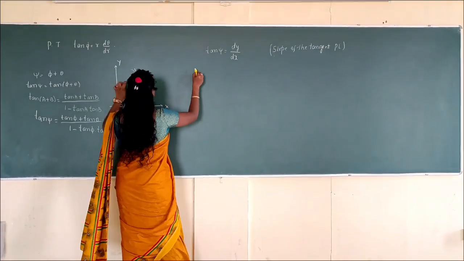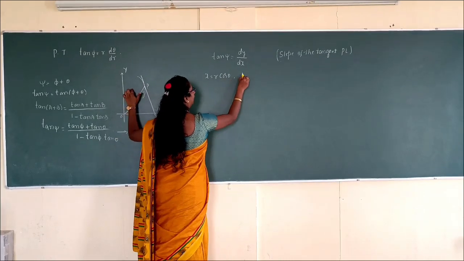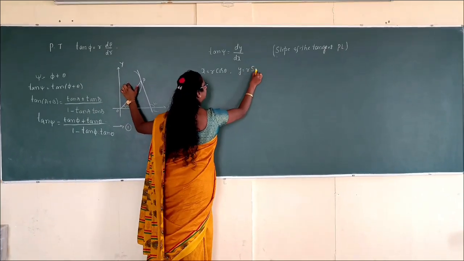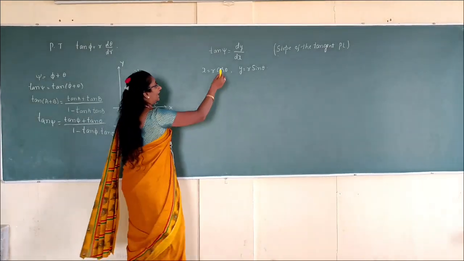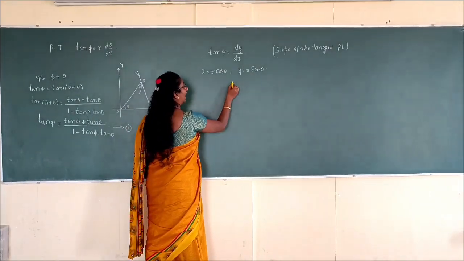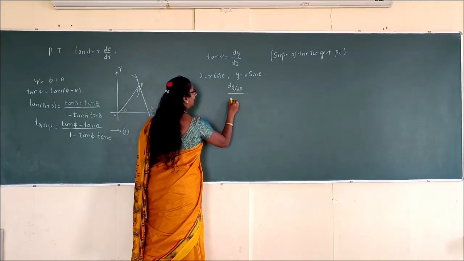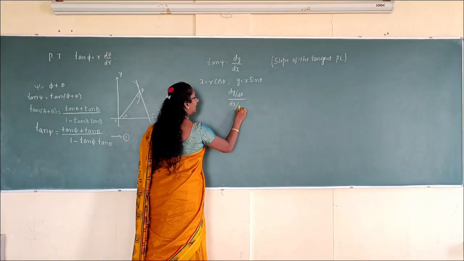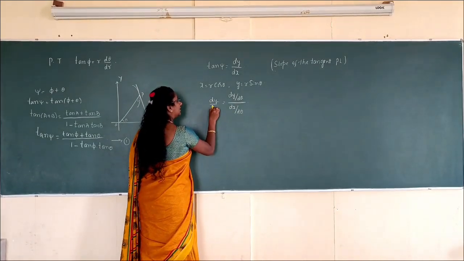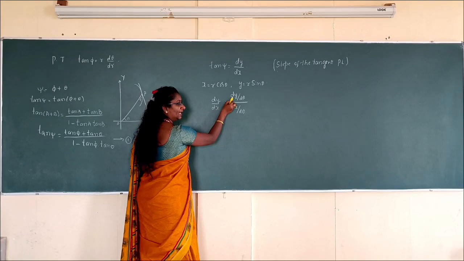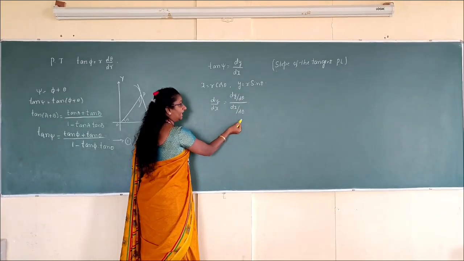We know that x is equal to r cos theta and y equal to r sin theta. Shall we write dy by dx as dy by d theta divided by dx by d theta?